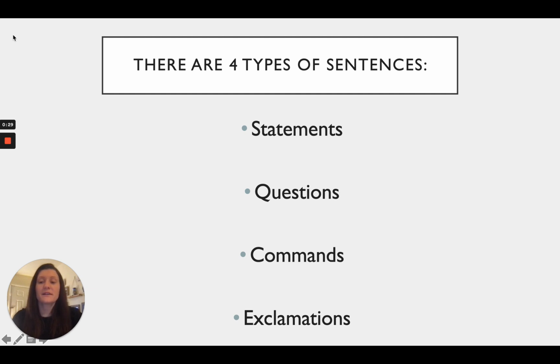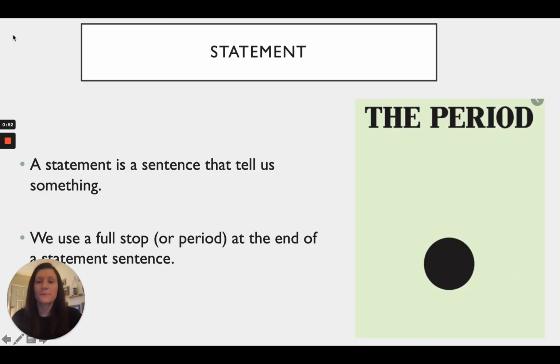Next, we have a sentence that asks a question. Next, we have a sentence that is a command, so it's telling us something that we need to do. And then lastly, we have exclamations or exclamatory sentences. And we're going to get into all 4 of these sentences real quick.